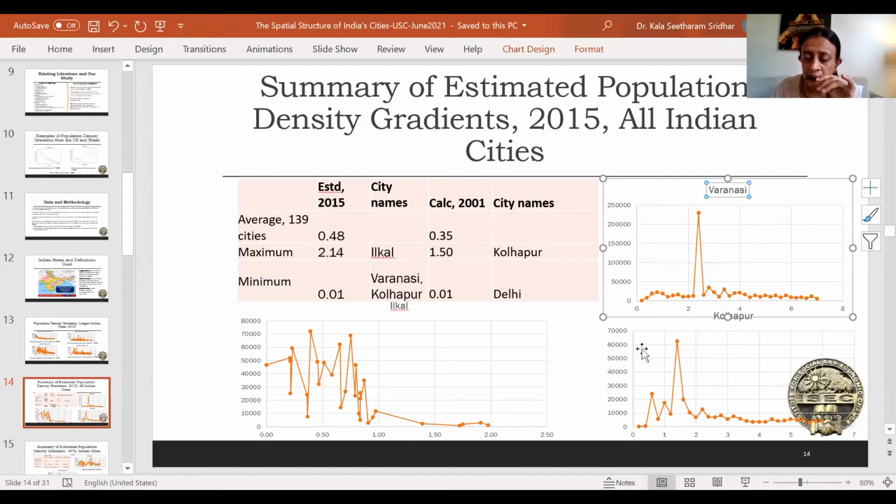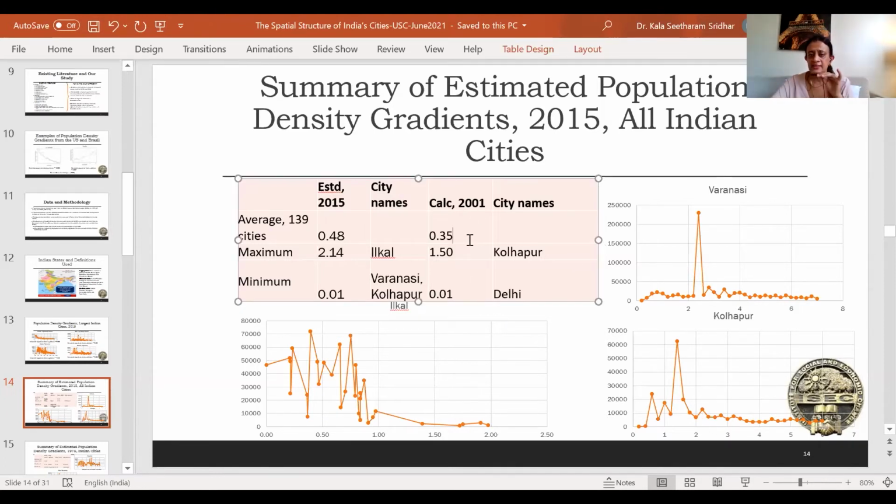And Kolhapur in Maharashtra, one of the most urbanized states, was actually one of the most suburbanized also in 2015, based on the estimation of density gradients, because I found that the infrastructure in the central city was really stressed, right? So that's probably the reason which explained the suburbanization that we observe here.